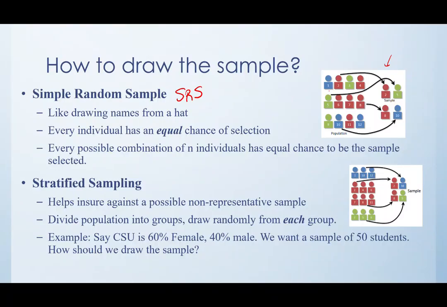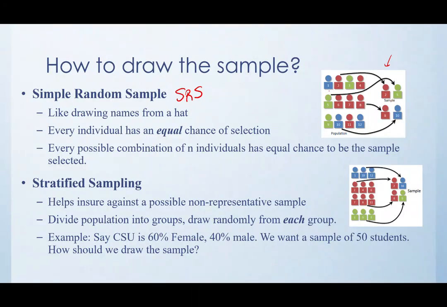If we're only selecting 4, it wouldn't be uncommon for our random sample of 4 to not have any green people in it. So if I want to make sure that I have red, blue, and green people in my sample, proportional to their sizes in the overall population, that's when you would use a stratified random sample.